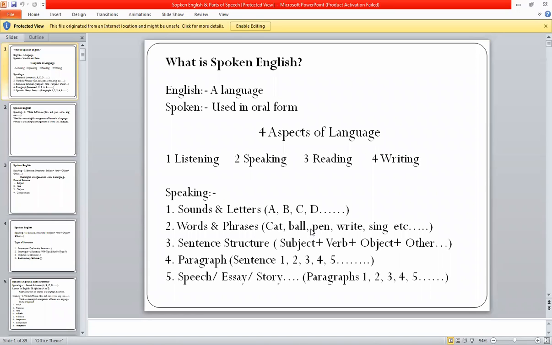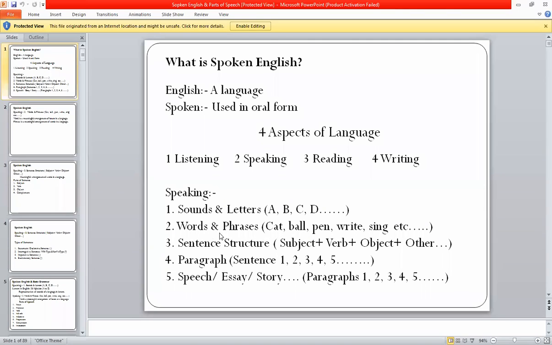For example, instead of, in front of. So here, in front of: three words, when they come close to each other, in connection with each other, are called a phrase. So in front of, instead of, out of. These are called phrases.